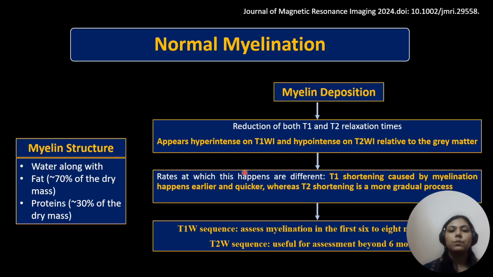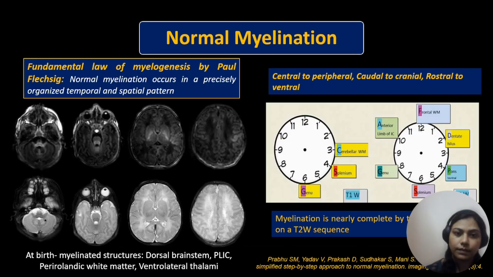The rates at which this happens are different, and T1 shortening caused by myelination appears earlier and quicker, whereas T2 shortening is a more gradual process. Therefore, T1 weighted sequence is used to assess myelination in the first 6 to 8 months, whereas T2 weighted sequence is useful for assessment of myelination beyond 6 months of age.